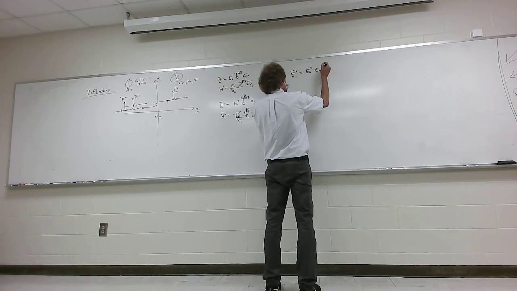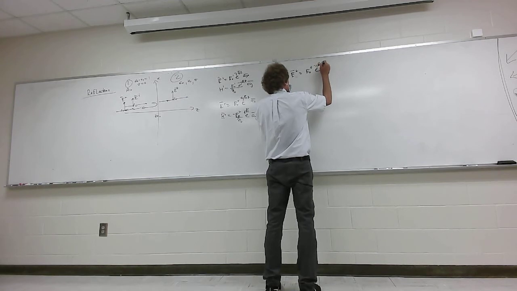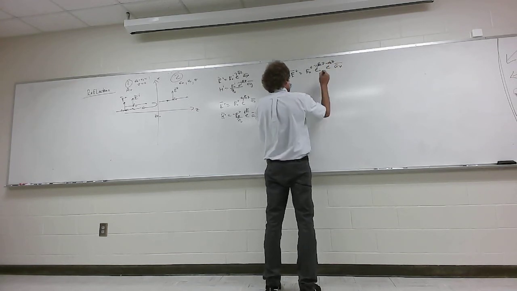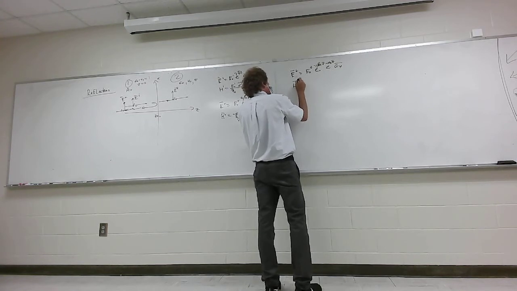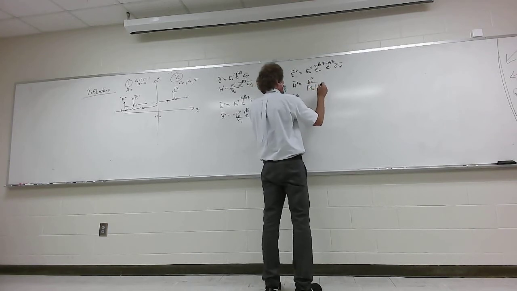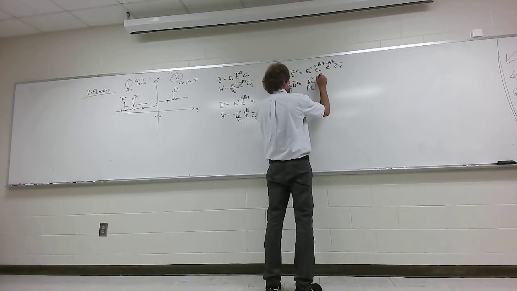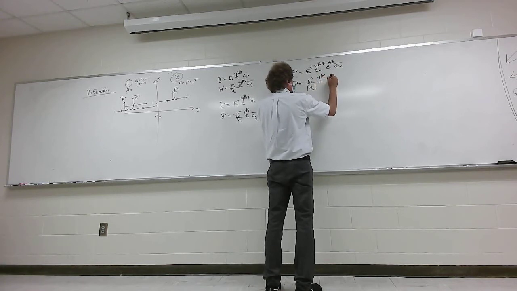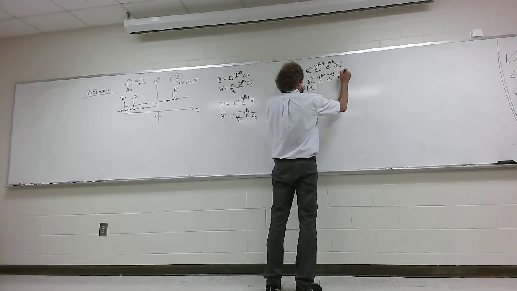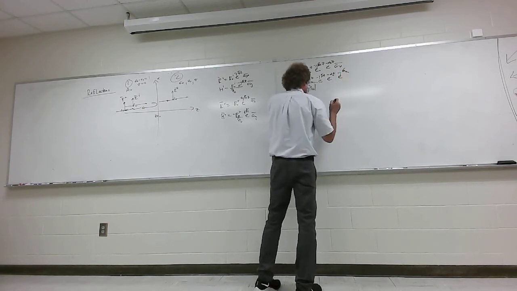It's going to be times e to the minus j beta 2 times z times e to the minus alpha 2 z in the ax direction, and H transmitted will be equal to E naught transmitted over the magnitude of eta 2 times e to the minus j beta z, e to the minus alpha 2 z, and it's also going to be e to the minus j, and this is the phase angle associated with eta 2.